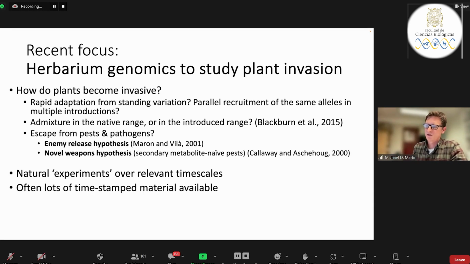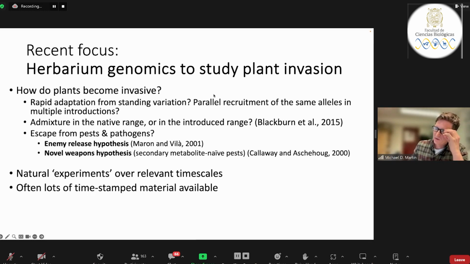There have also been suggestions in the past that admixture in the native range between formerly differentiated populations can create hybrid plants that are especially well prepared to evolve in the introduced range, because they have high levels of genetic diversity. Okay, so sort of a hybrid vigor hypothesis.